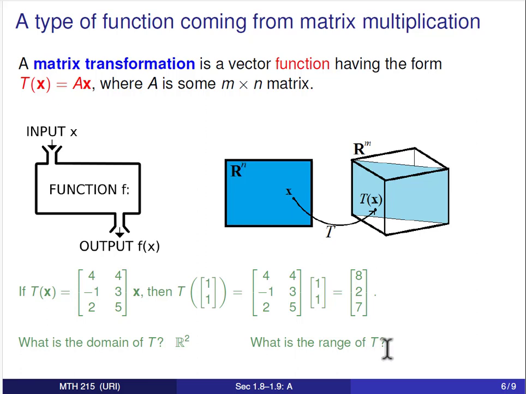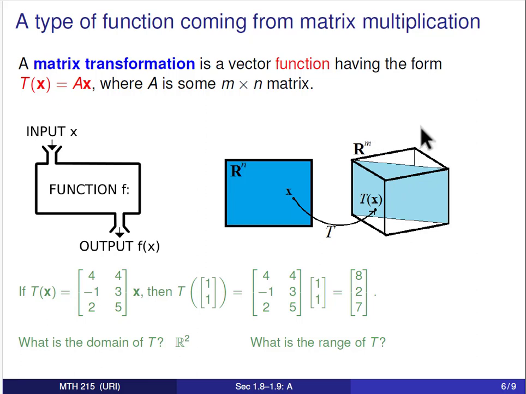Now, this is a slightly more tricky question. We do know that the range includes vectors from R3. Maybe not all the vectors, but at least some of the vectors from R3. And actually, no matter which vector you multiply this matrix by, if the vector comes from R2, you're going to be left with a vector from R3. However, we don't know yet that the range is all of the vectors in R3. And so it's possible that the range looks a little bit like this picture.